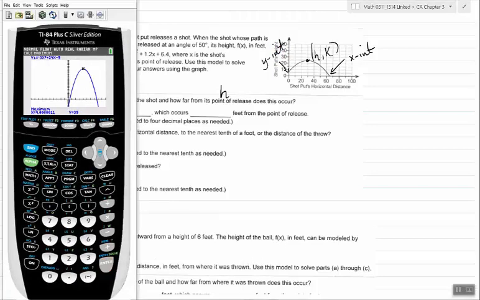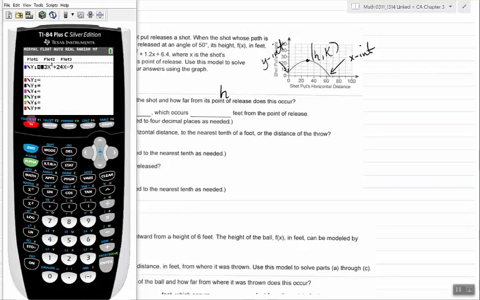So I will go to my grapher and go to my y equals, clear this one out, and type in negative 0.02 x squared plus 1.2 x plus 6.4.